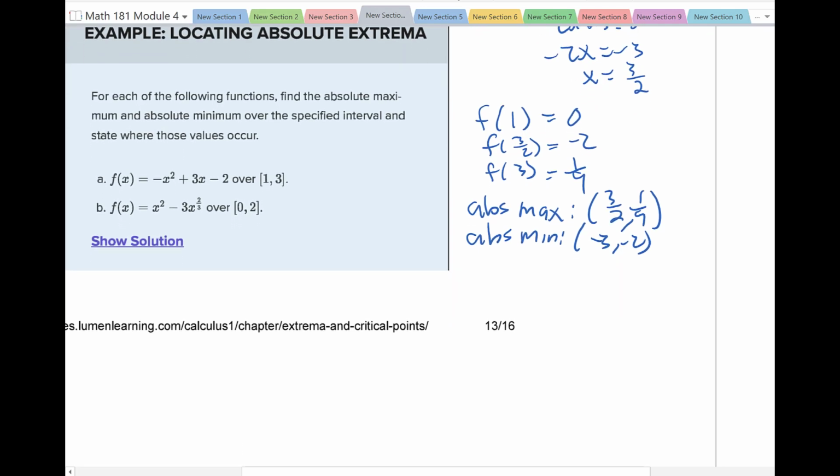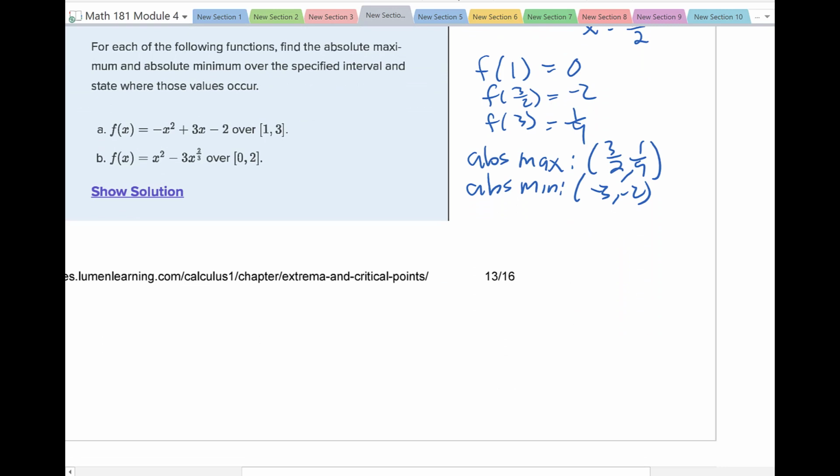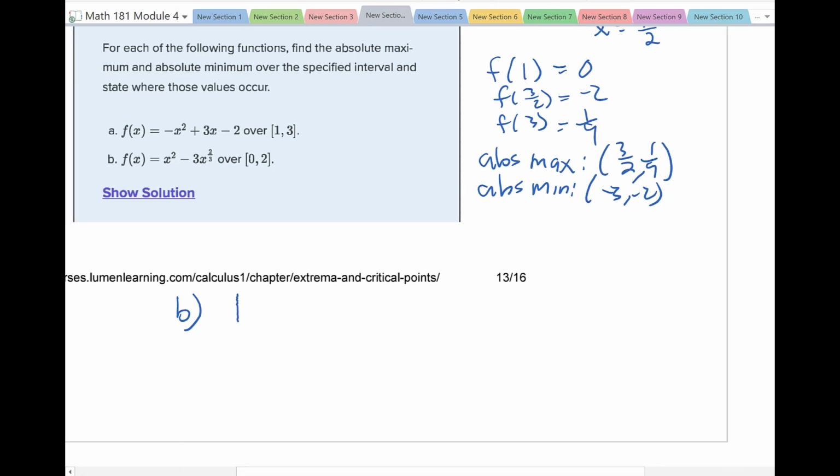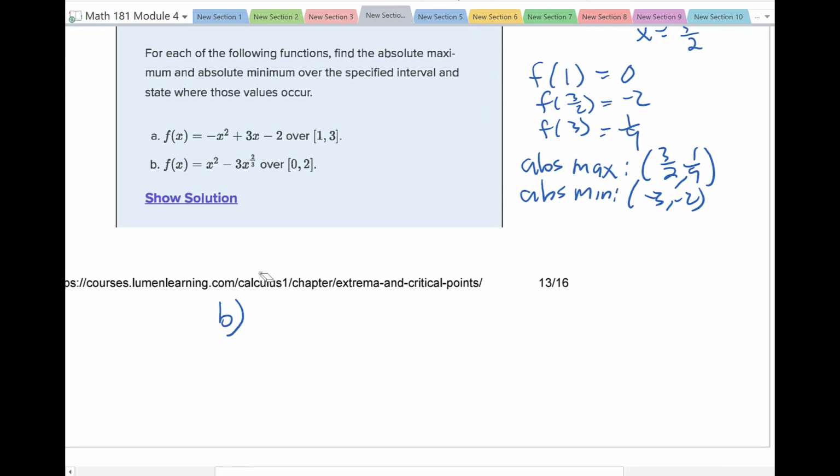Let's do part B. Okay, so for part B, we have f of x equals x squared minus 3x to the 2/3.